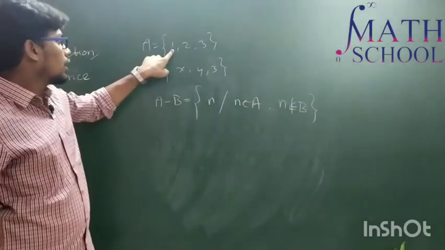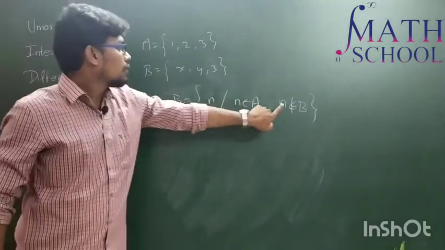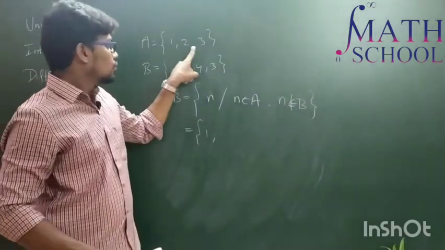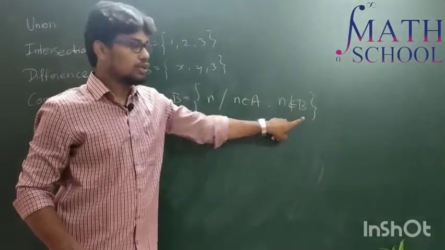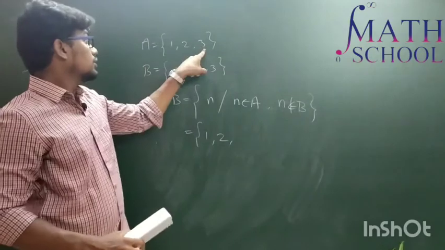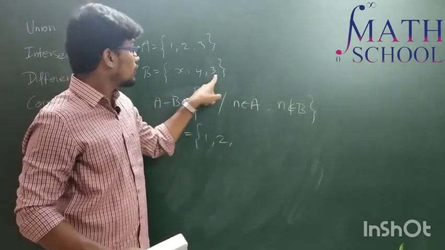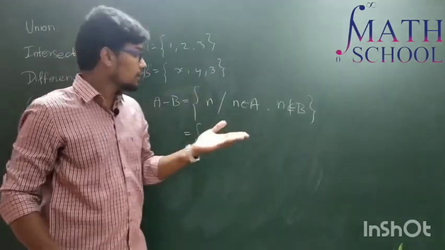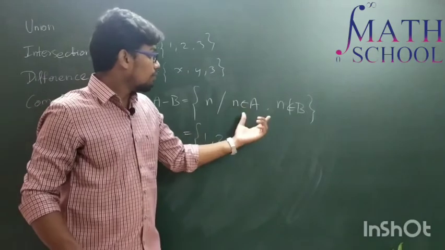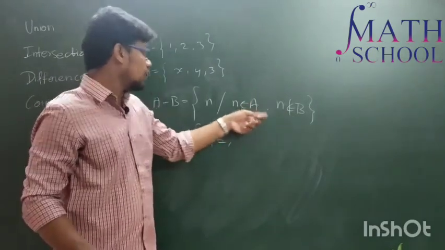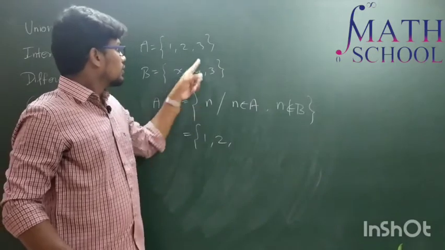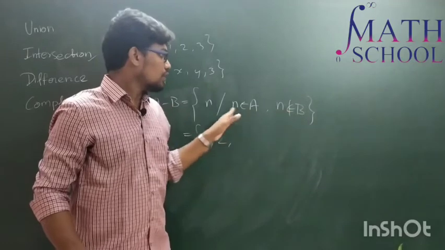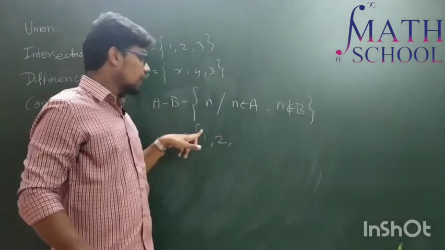For example, 1 belongs to A, but 1 does not belong to B. So I can write 1 here. 2 belongs to A, 2 does not belong to B. So I can write this. 3 belongs to A, but 3 also belongs to B. So I should not write the element, because only an element which satisfies these conditions can be presented. 3 satisfies one condition but fails to satisfy the other. So in total 3 does not satisfy these conditions, so we can't write 3 inside.